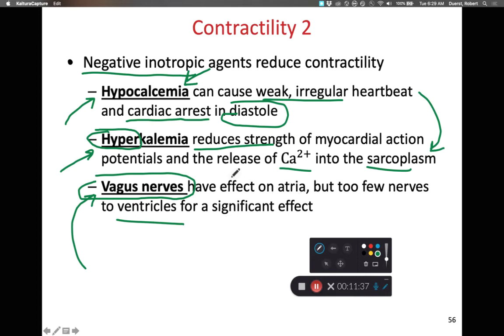But if we downregulate the contractile strength of the atria, the atria aren't going to contract with as much force. That means the atria send less blood to the ventricles, and that's going to reduce preload and contractility. So by downregulating the atria, the vagus nerve can indirectly downregulate the ventricles by reducing preload.